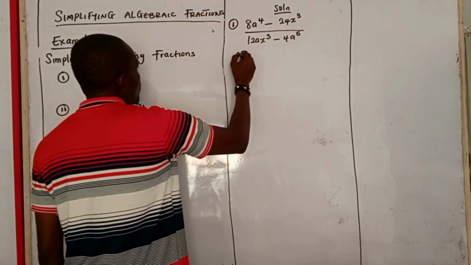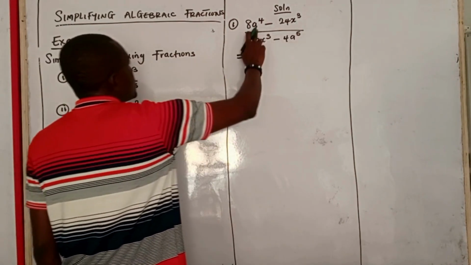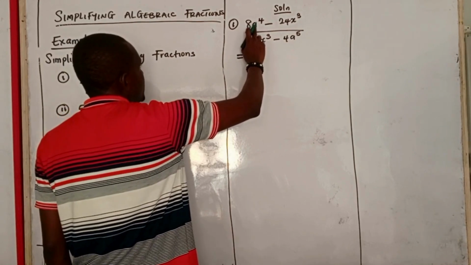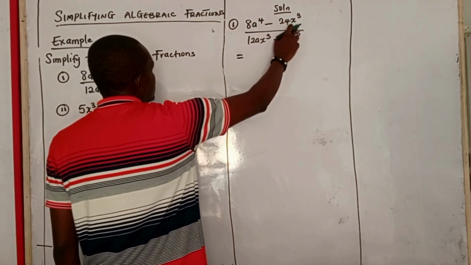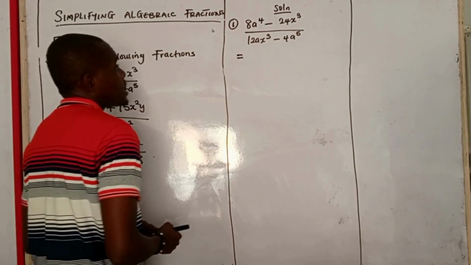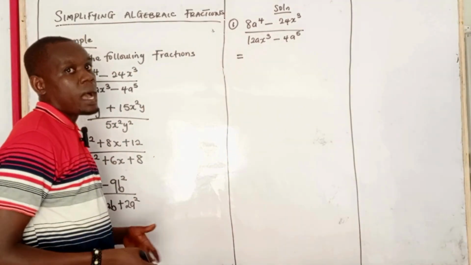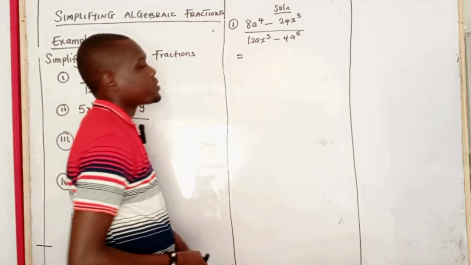If I am to factorize this now, you will check that from the letters, we don't have any letter between them that is common. If the letters are not common, that means among the numbers, there must be a common factor.